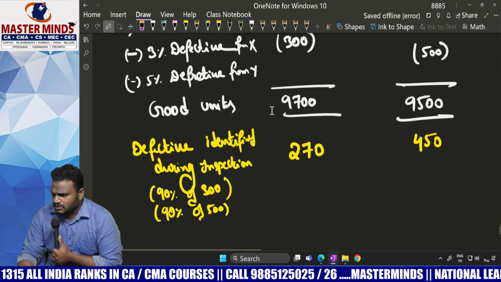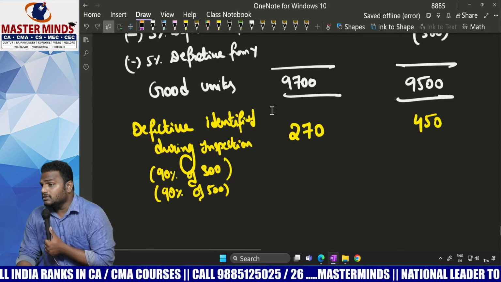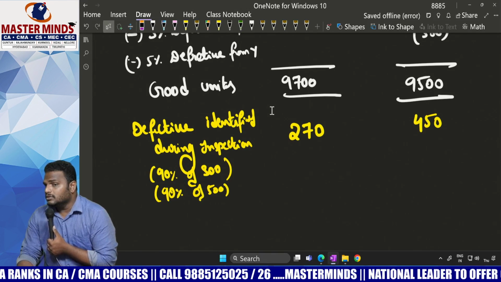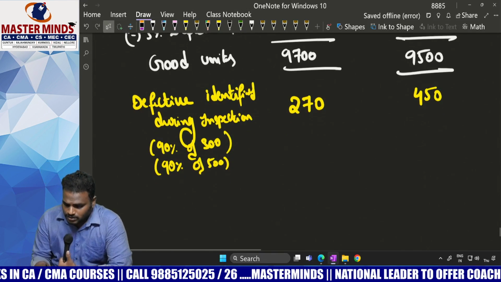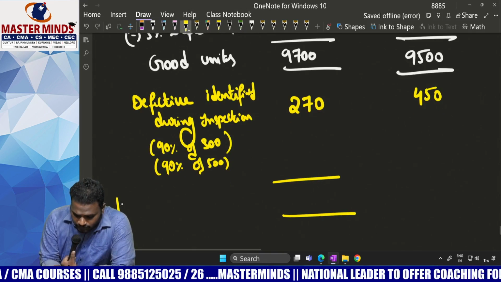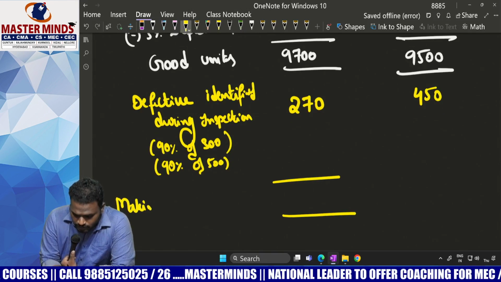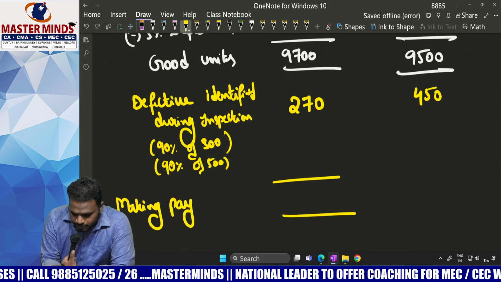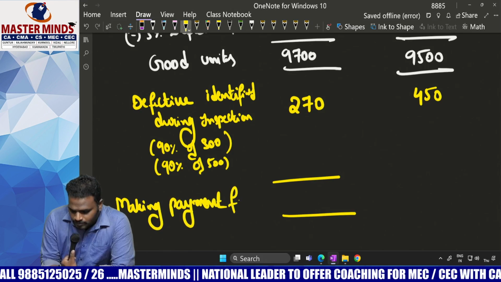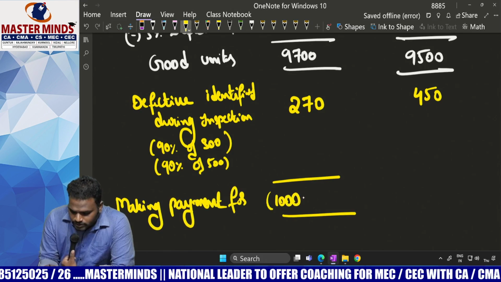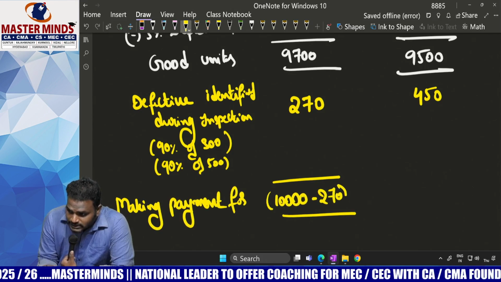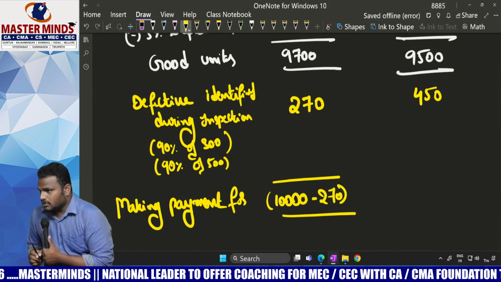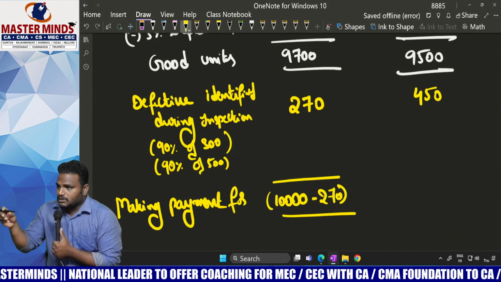Yes or no? But we will make the payment for only 10,000 units minus 270. What do you observe during the inspection process?